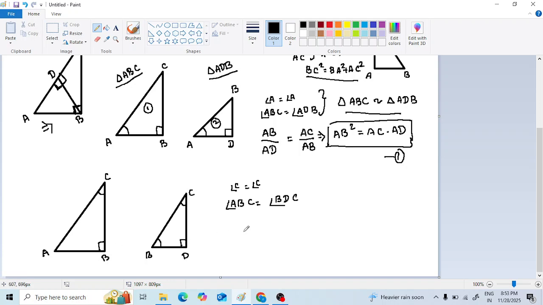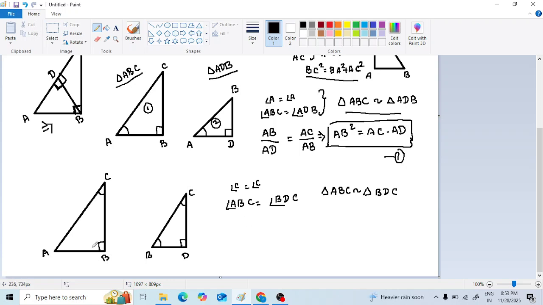Therefore, triangle ABC is similar to triangle BDC. So from this, by using proportionality, we can write.